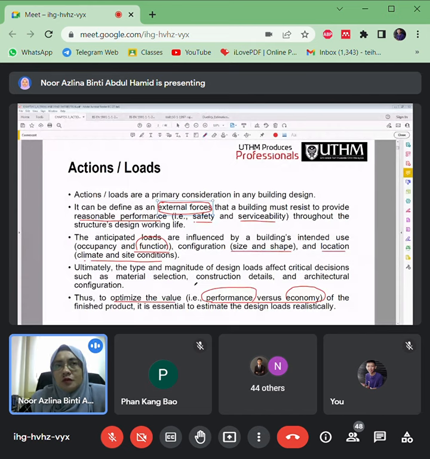You provide a lot of reinforcement, big size of main bar, but how about the cost? That means you have to design wisely, just nice, sufficient, equivalent to the required load that will be carried.